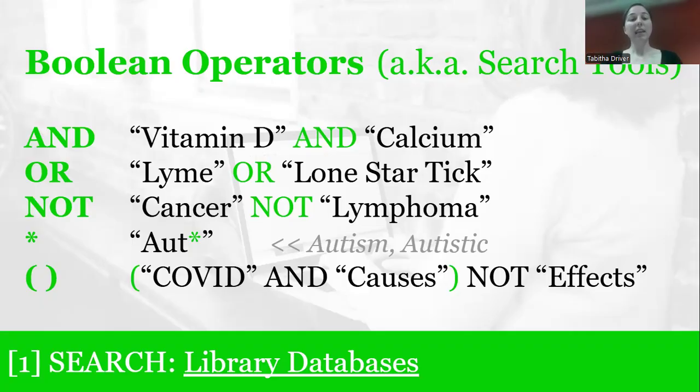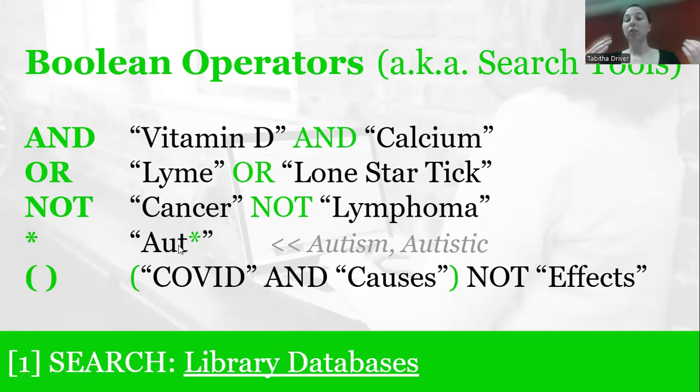And then maybe you want to look up articles on a topic, and instead of writing out all the words that could possibly be used for the topic, you want to shorten it. So if you do AUT and an asterisk, then you'll find all the words that begin with that. So autism, autistic.